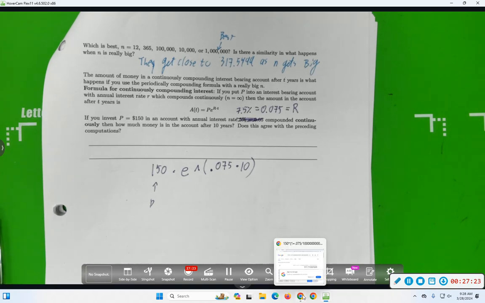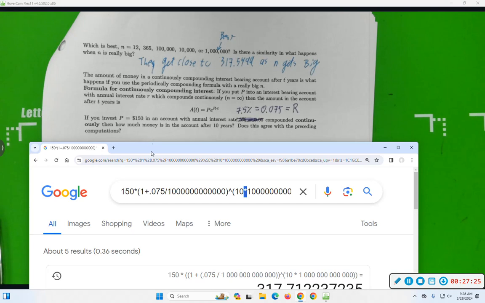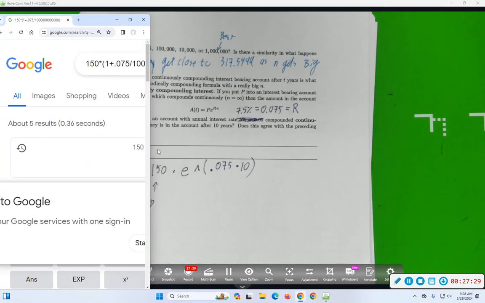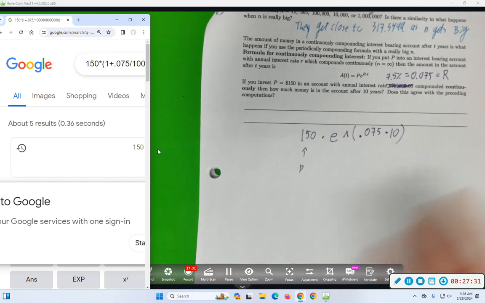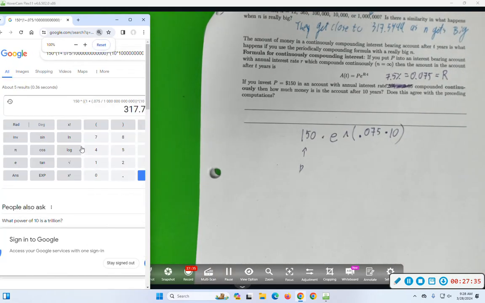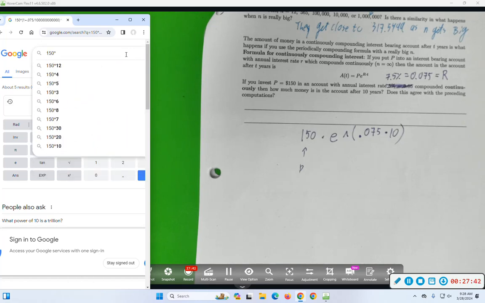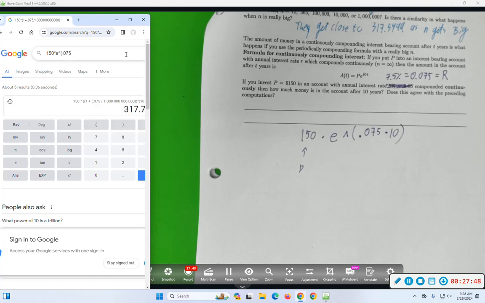So, let's do it. And those of you with a calculator should calculate along with me. I know this is annoying because I took the formula off the screen. Now it's back on the screen. So let's take 150 times Euler's number e raised to the 0.075 times 10.